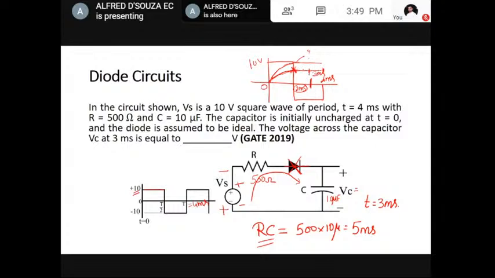So in between also the same value is held. If we find the value at 2 millisecond, that will be the value at 3 milliseconds, 3.5 milliseconds and 4 milliseconds also. So you don't have to find the value at 3 millisecond because charging is happening only till 2 milliseconds.